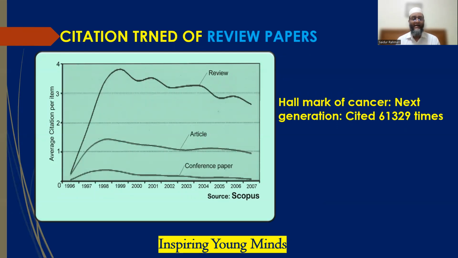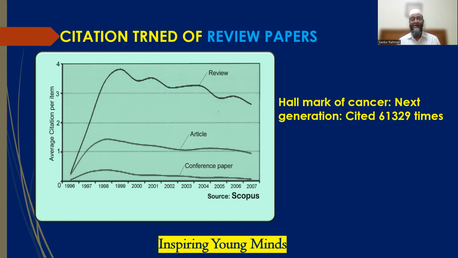Now, the citation trend of review papers. As you have seen, review papers are normally more highly cited, because they are written for a broader audience. The topic is broader, not too specific, and the paper is summarized from many papers.